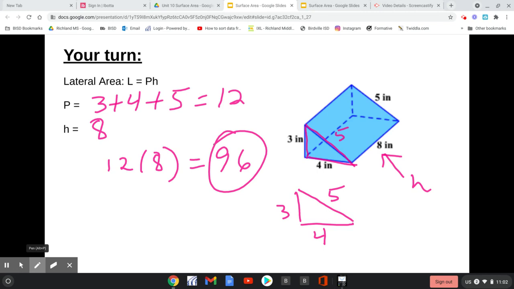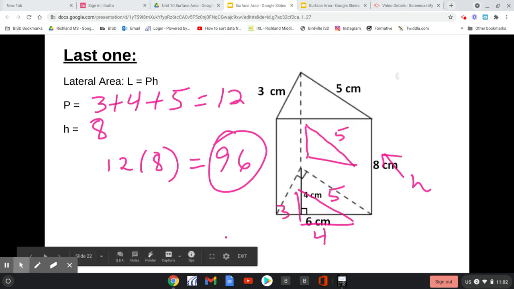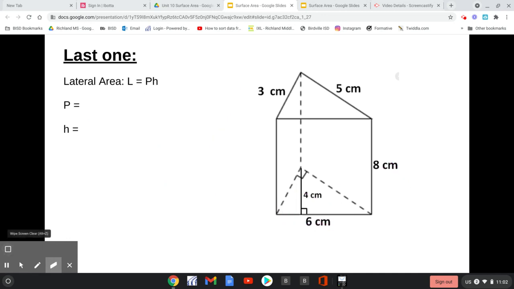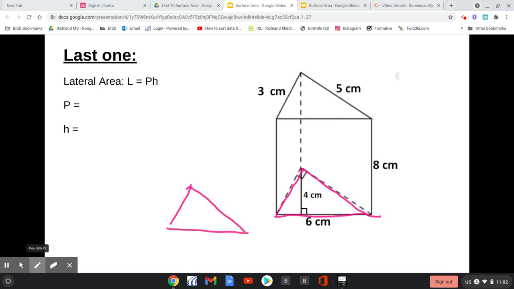See if we have one more, or if that was it. Yep, we got another one. Let's do another one. Okay, draw your base. Here's my base. Here's my triangle. I'm going to relabel the sides here. I know this bottom side is 6. And we know this is the same as that down there.